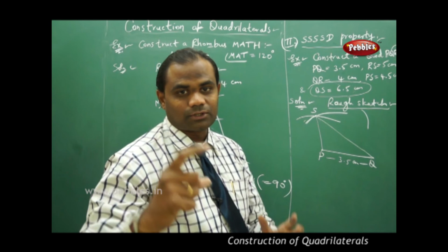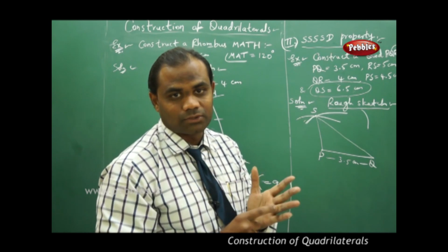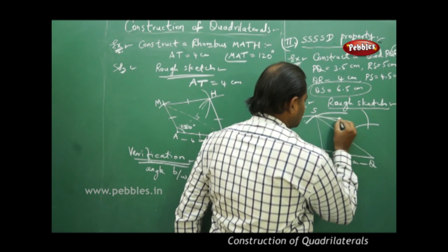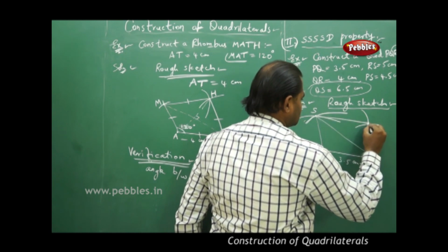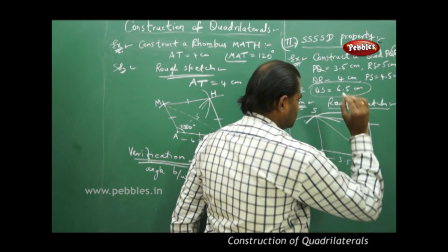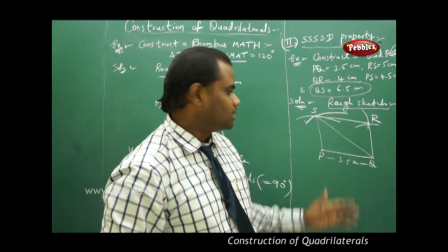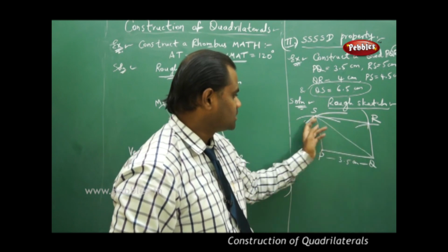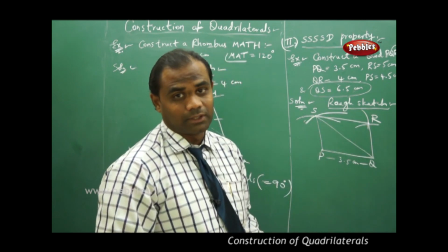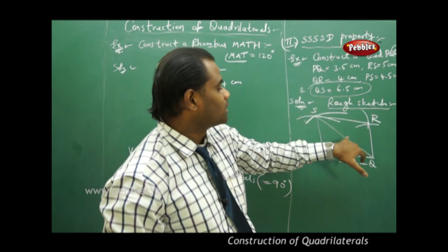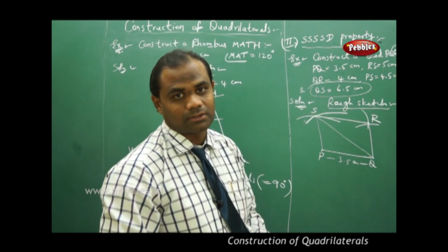So take the measurement of 4 centimeters from the compass using the ruler and cut an arc so that I get 4 centimeters from here. So this would give me the point R. So here the quadrilateral PQRS is constructed successfully using the given dimensions for 4 sides and 1 diagonal, which can be done in this process.